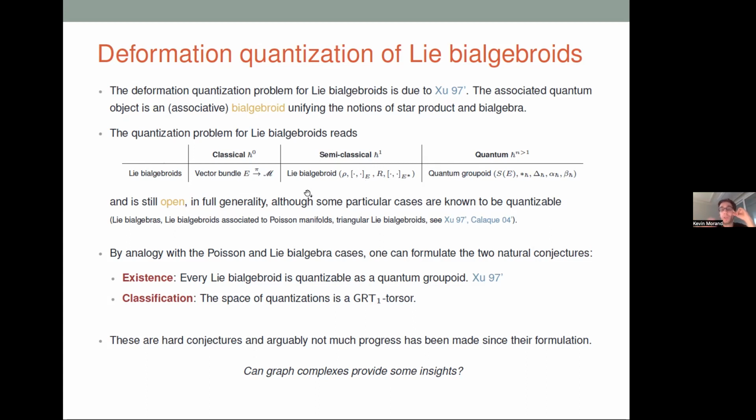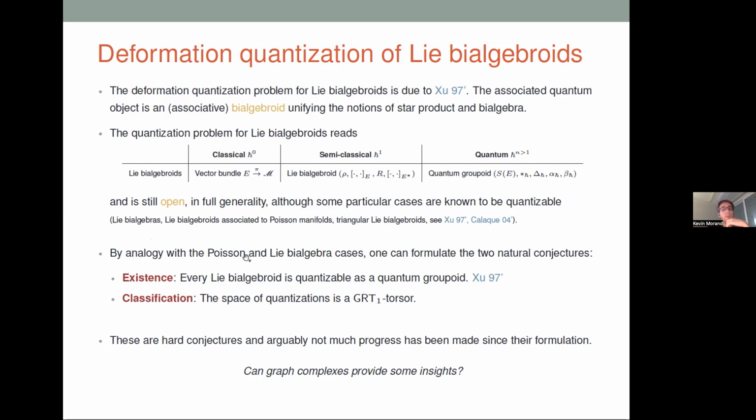But we know that some particular cases are quantizable. For example, Lie bialgebras and Poisson manifolds are both quantizable in this setup. So we can associate a quantum groupoid to Lie bialgebras and Lie bialgebroids associated to Poisson manifolds. But in full generality, there is no known quantization formula for any Lie bialgebroid.